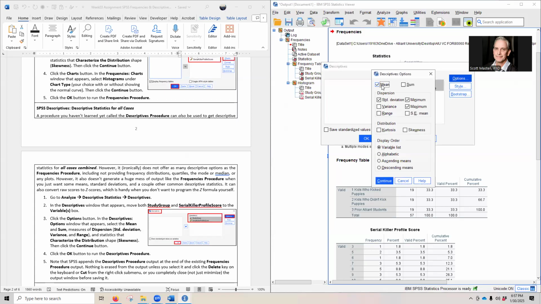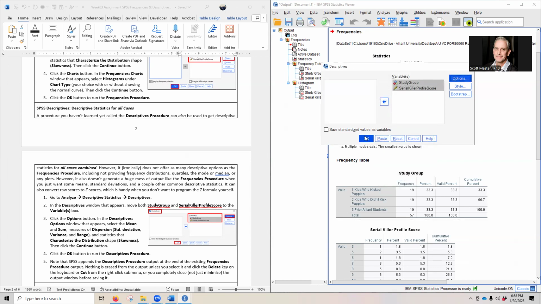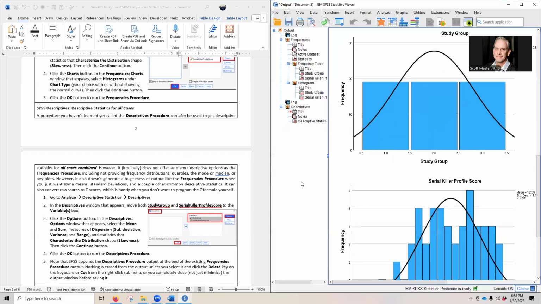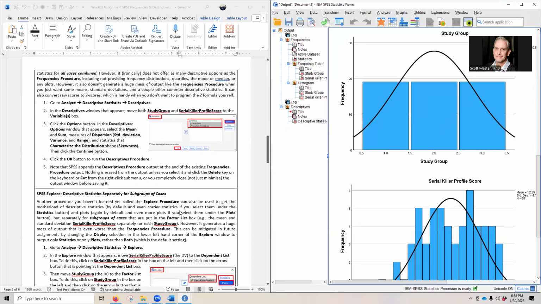We get the mean automatically, and I tell you to get the sum, which literally just sums the responses from the participants. And under measures of dispersion, go ahead and get the standard deviation, variance, and range again. And you could probably guess we're getting skewness. So click Continue and OK to run that procedure. We'll revisit this one in the next assignment, no doubt.